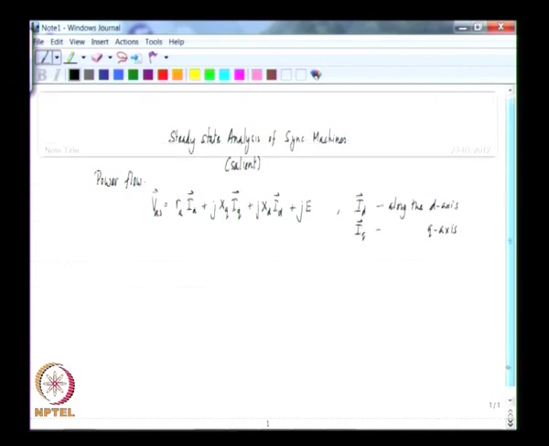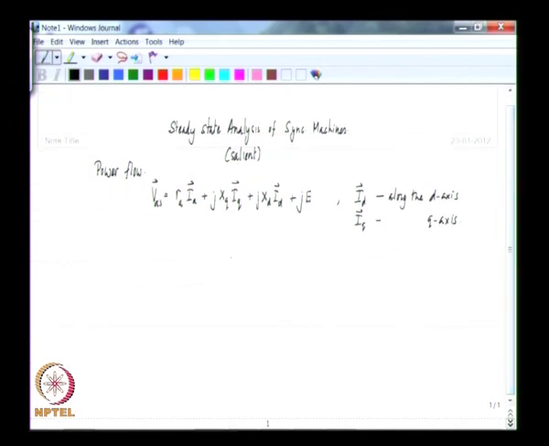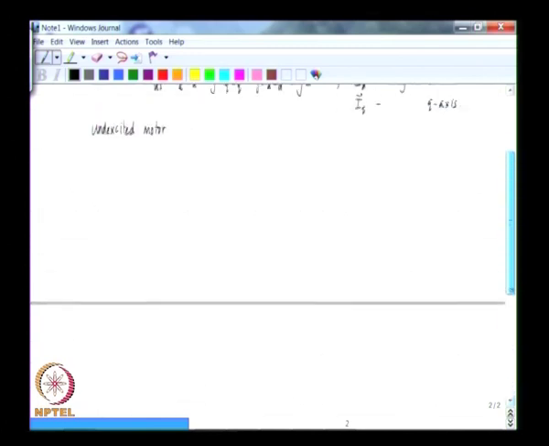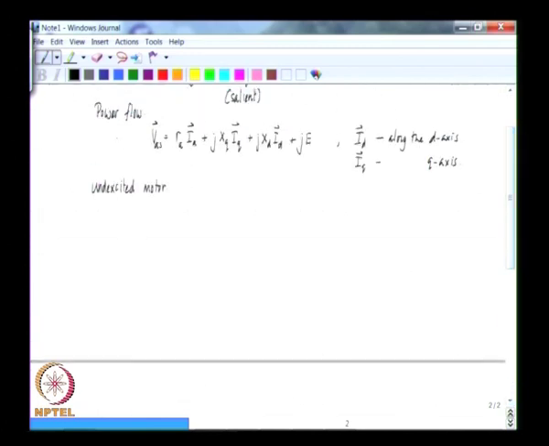So let us draw the phasor diagram for a particular case. Let us assume that we are looking at an under excited motor. So if it is an under excited motor, let us see what the phasor diagram will be, and from that how to derive an expression for the input electrical power that is drawn.